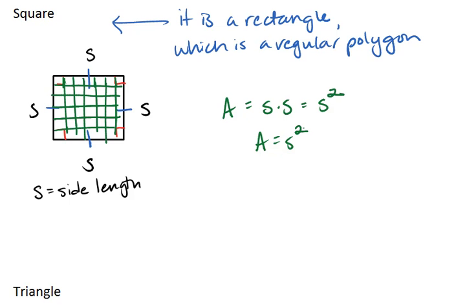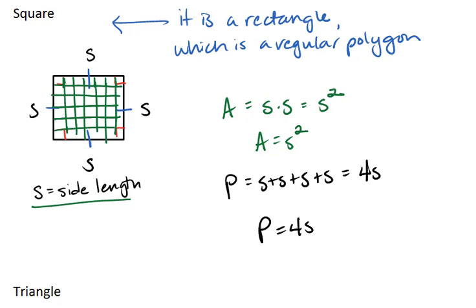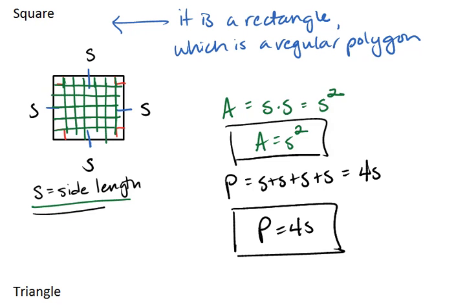The area of a square is S squared, where S is the side length. The perimeter is then S plus S plus S plus S, which equals 4S. So make sure that for a square, you have its area, its perimeter, and that in both of these equations, S represents the side length of the square.